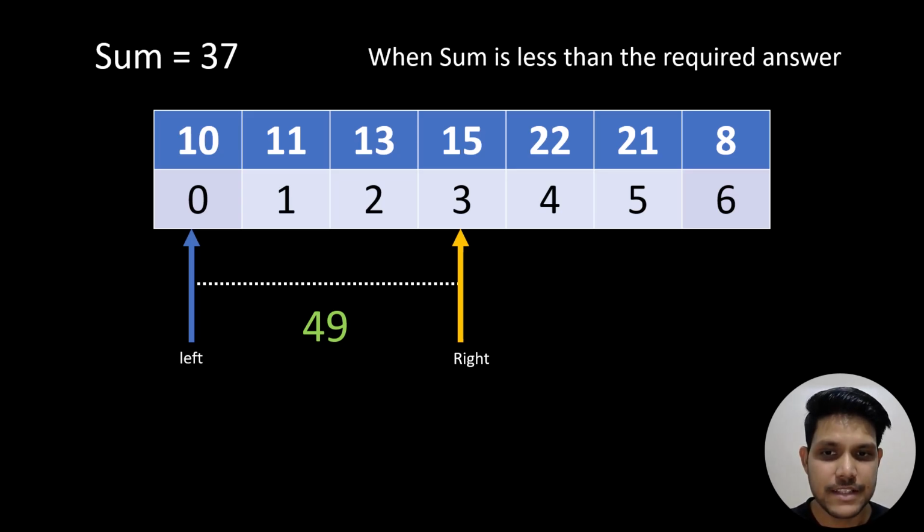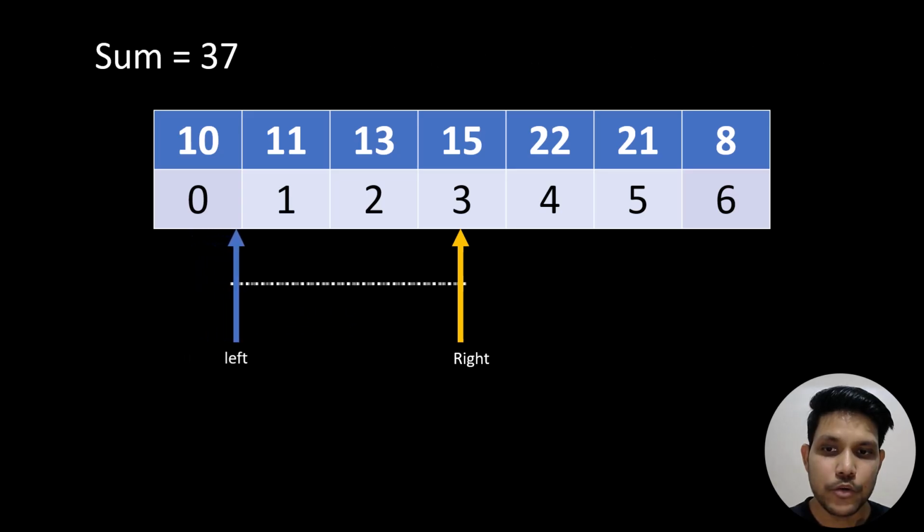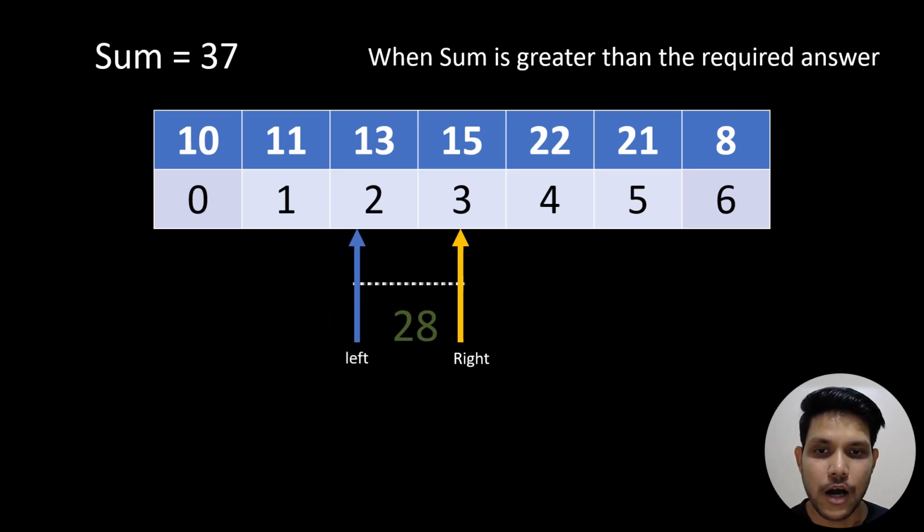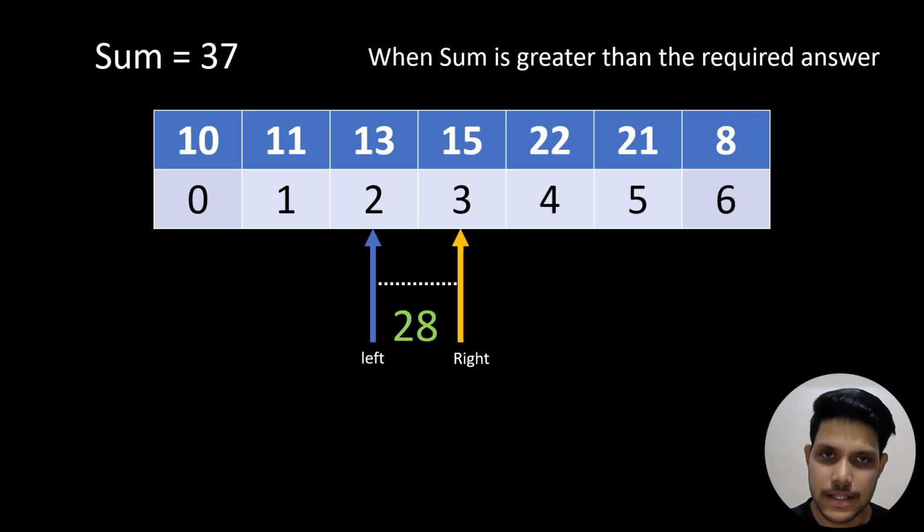Now that we have reached the point, the sum is 49, which is greater than 37. What do we need to do? We need to decrement the window. So the next step is, when the sum is greater, we need to decrement the window. At each point we are finding out the minimum window size. We decrement the window until the sum is less than the required sum that we are trying to find, and that's how we find out the answer.